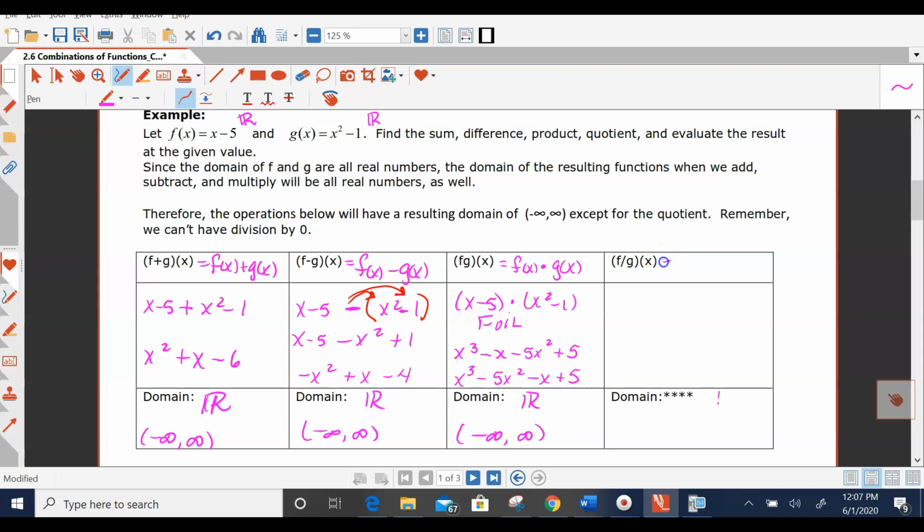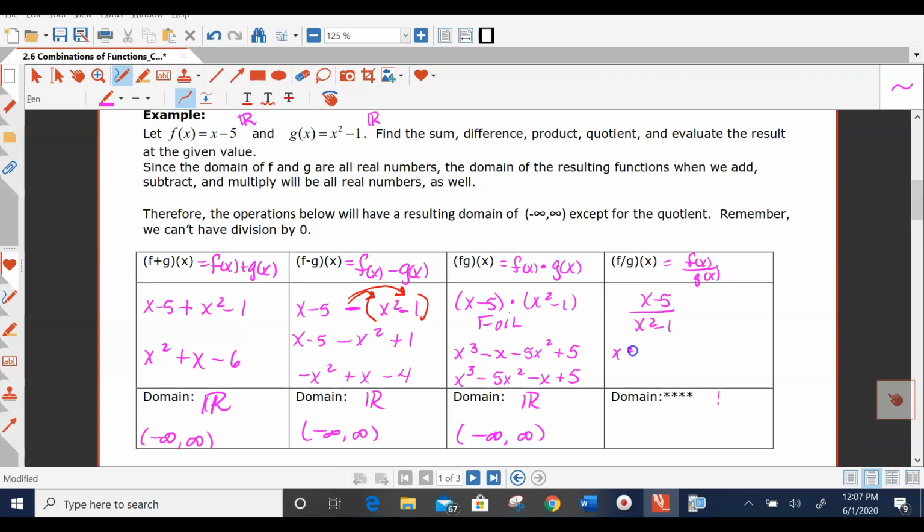The last notation is telling us to take the f function and divide it by the g function. So the f function on top would be x minus 5. The g function on the bottom would be x squared minus 1. That basically is your answer. However, we cannot have division by 0, so when I construct a division, I have to exclude any value that makes that denominator 0.